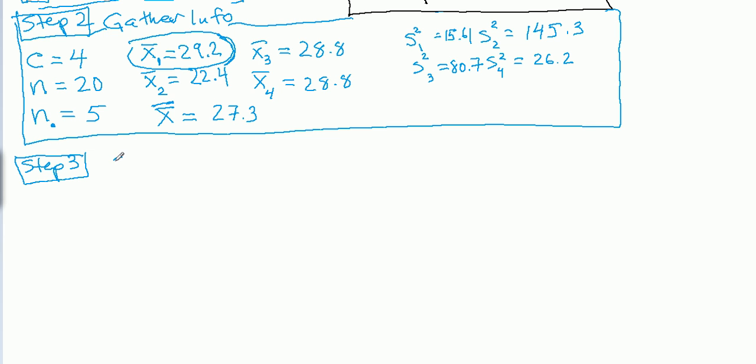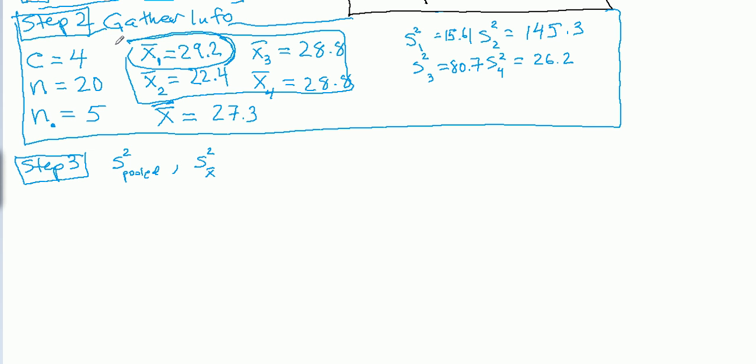So we're going to get S squared pooled. That's a subscript pooled. Remember, this pools the variances that we calculated here, into one number. S squared x bar, that's a subscript x bar. This is the variance of these x bars.